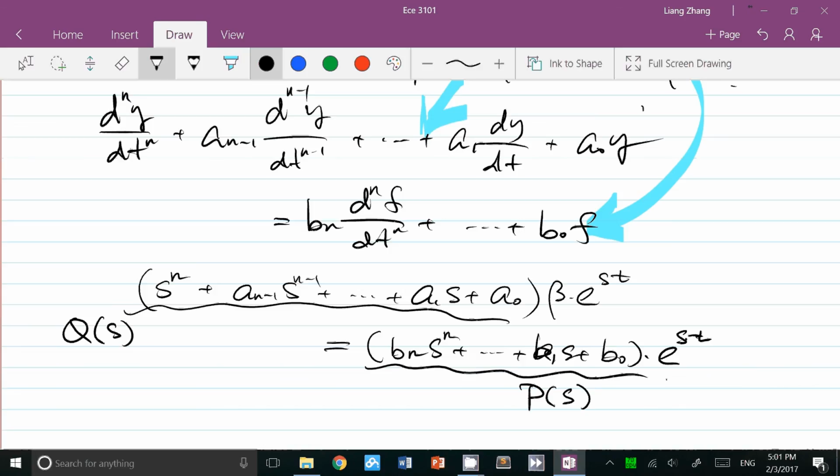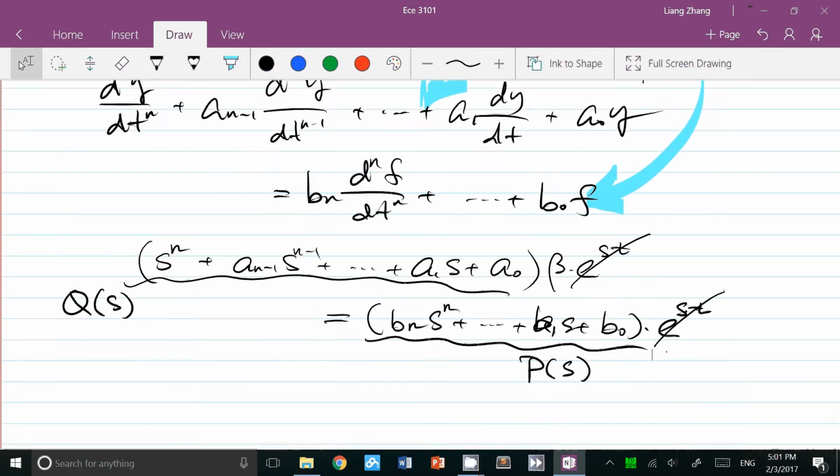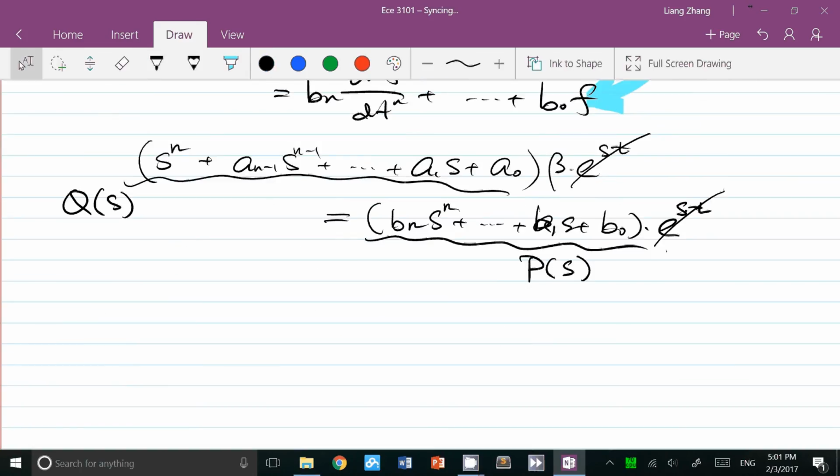Then you see there are two e to the st, and they cancel each other, and this equation gives me something interesting: beta is equal to the division of two polynomials.